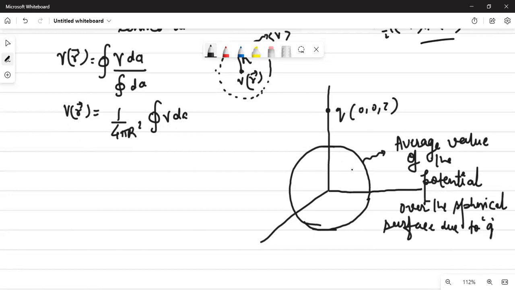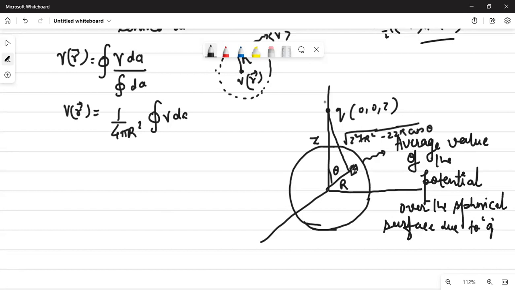So what we'll do, we'll simply take a patch here. On the surface, it will be at a distance capital R from the center. Here it is z, R. If you take theta here, this distance will be the square root of z squared plus R squared minus 2zR cosine theta.